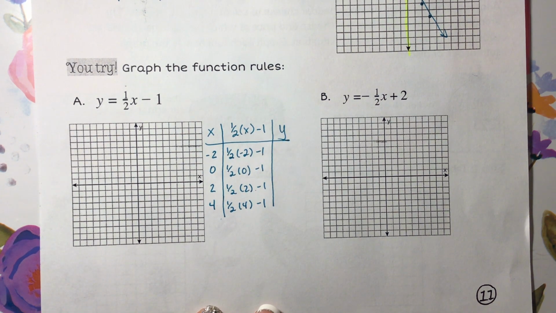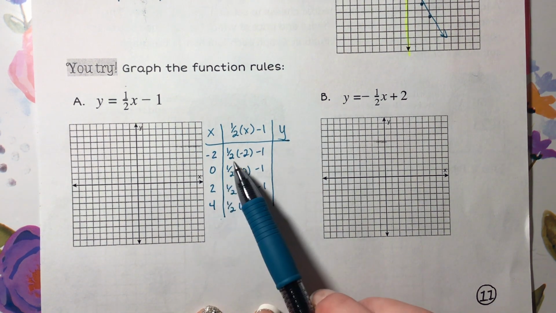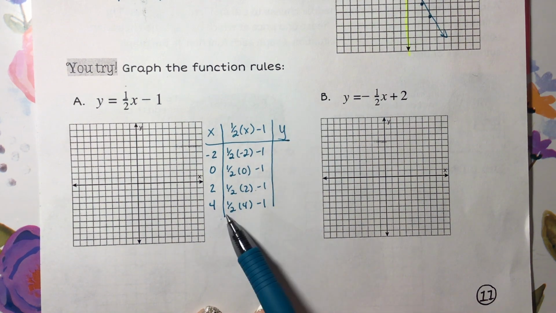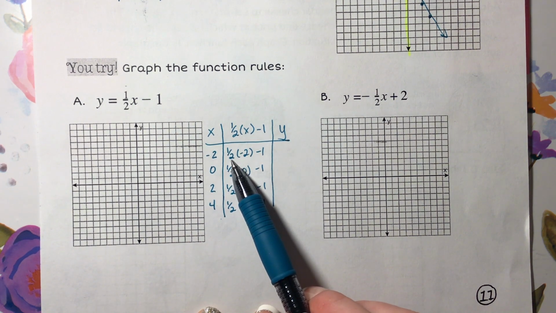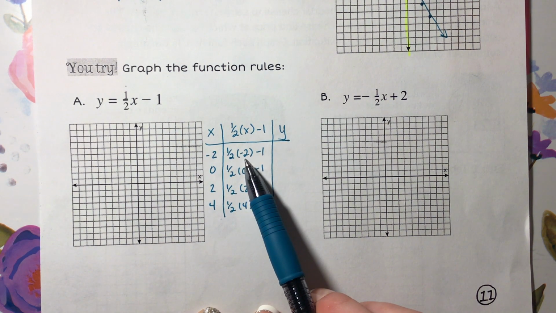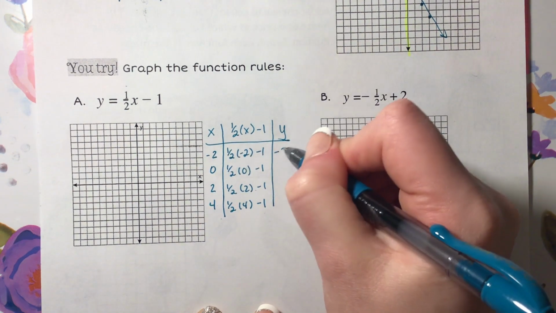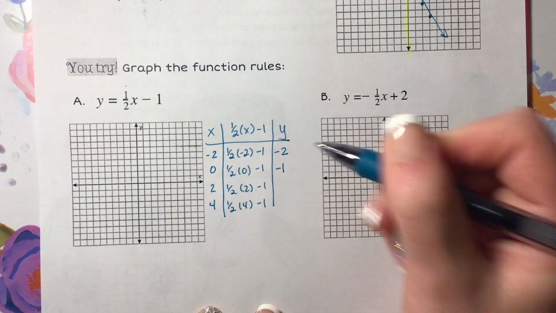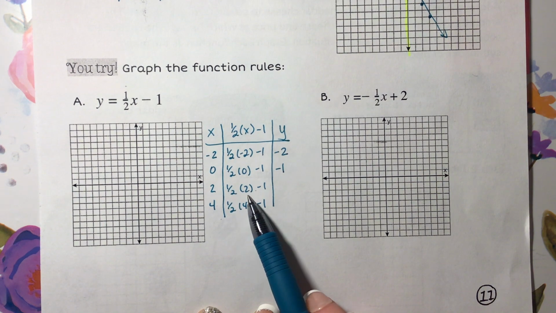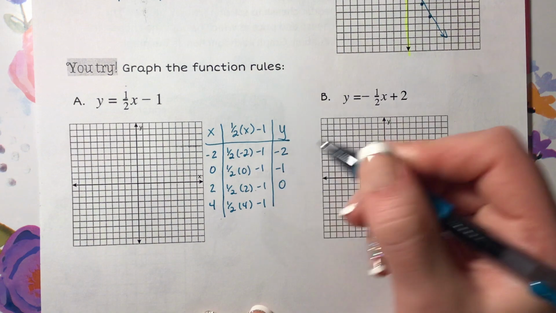And then I'm going to simplify this middle column to get my y values. So 1/2 times -2 is equal to -1. -1 minus 1 is -2. 1/2 times 0 is 0. 0 minus 1 is -1. 1/2 times 2 is 1. 1 minus 1 is 0.